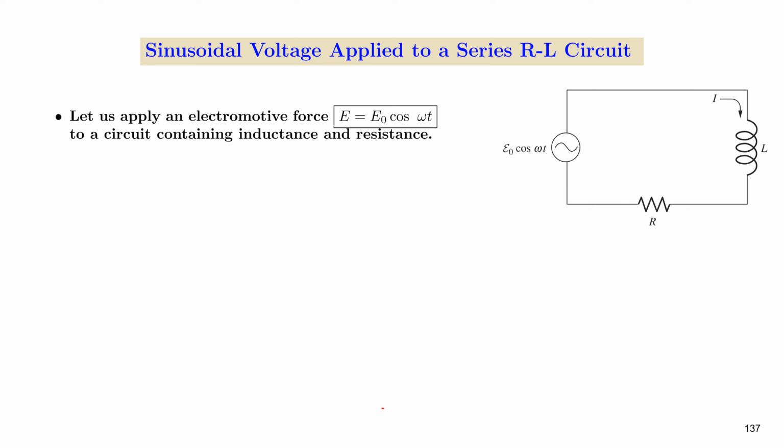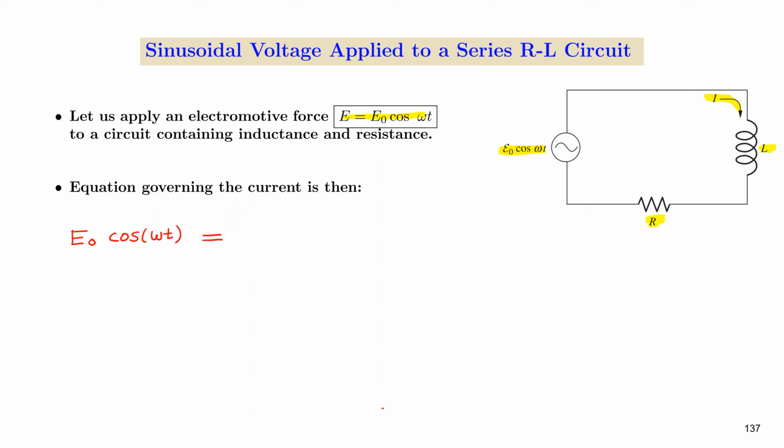Alright, so this is an RL circuit with a sinusoidal input voltage E equal to E0 cos omega t. You can see that the inductor and the resistor are connected in series and the current that is flowing in the circuit is designated as I. We want to write the equation governing the current. The voltage that is applied in the circuit is E0 cos omega t.